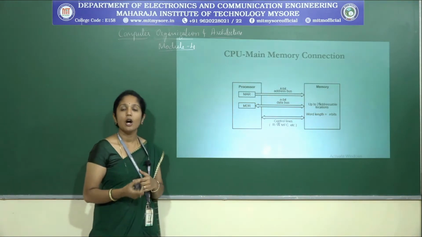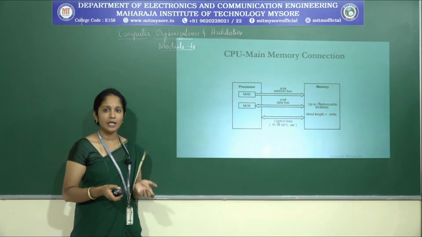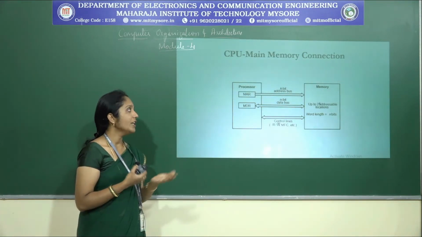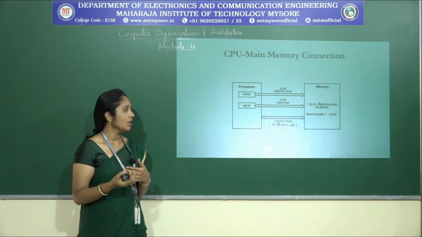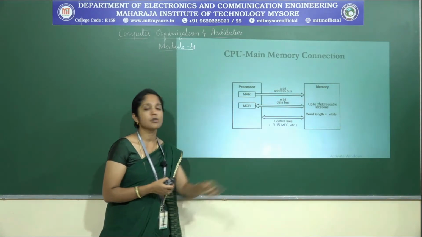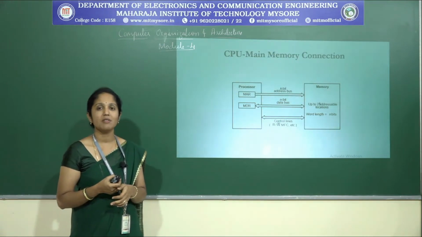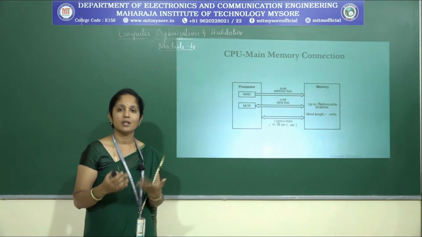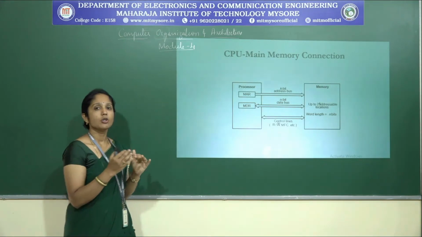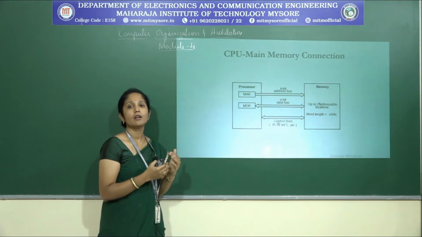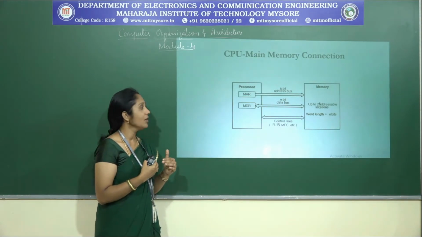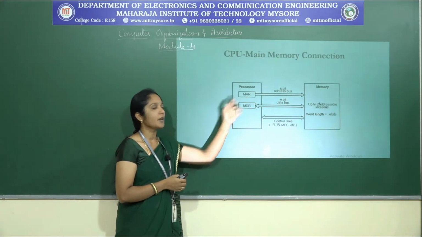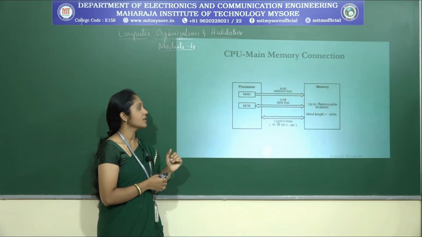Let us see how the processor is going to perform a read operation. Initially, since it is a read operation, the control line Read/Write bar has to be set to 1 so that the read operation is performed. The address from where the data has to be fetched will be placed over the MAR, the memory address register.